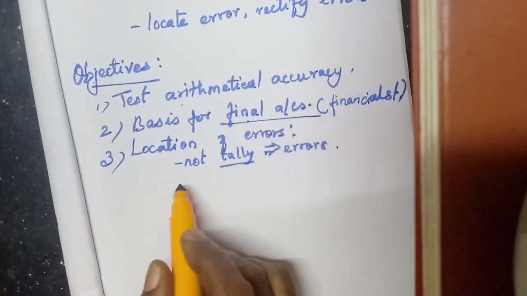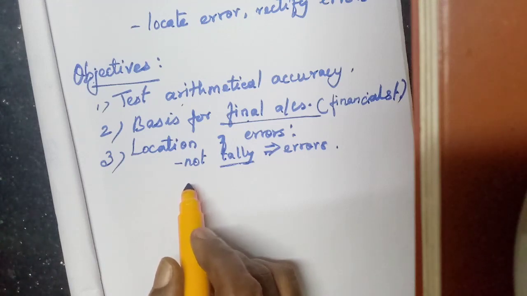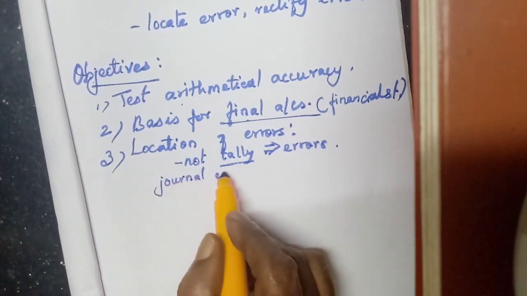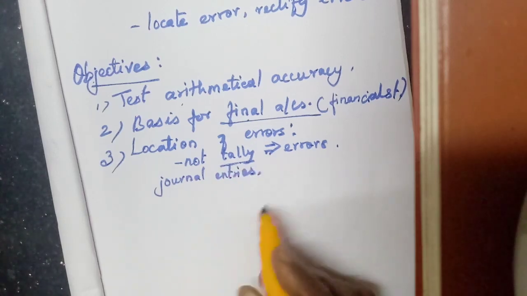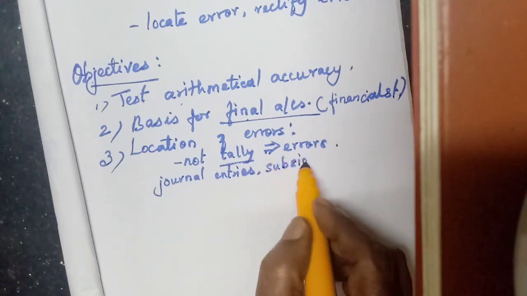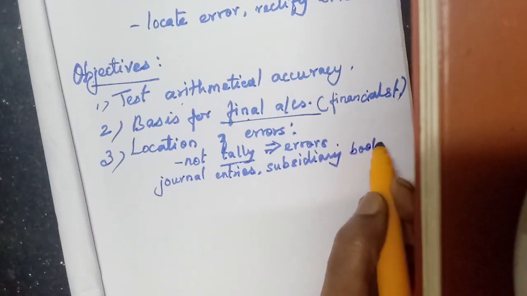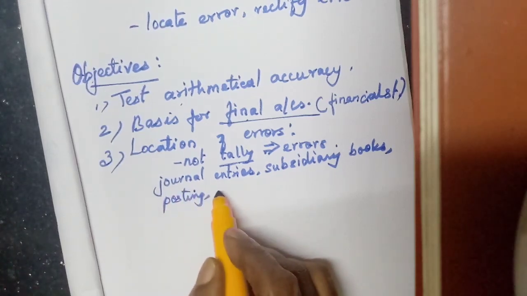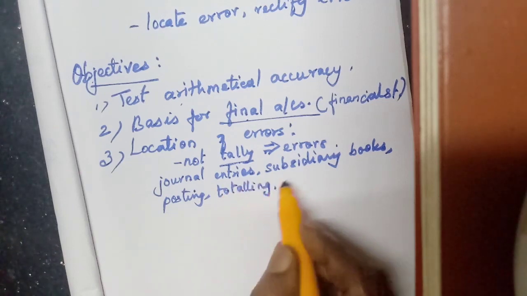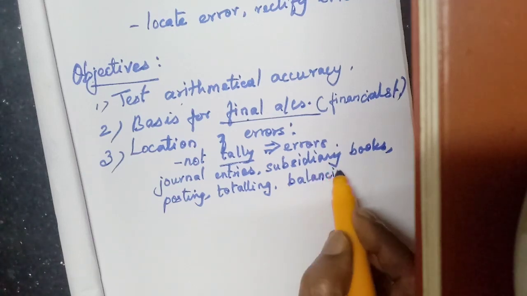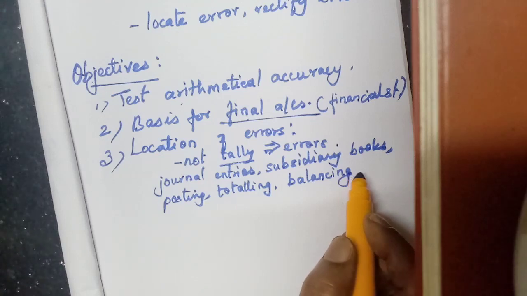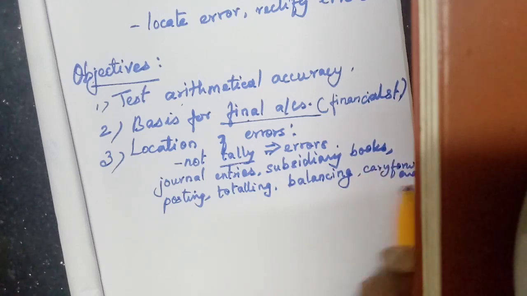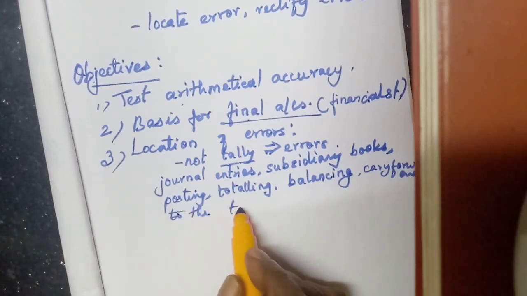Here we know the errors might be made in many areas: at the time of preparation of journal entries, when we write the amount, or maybe in the subsidiary books, or at the time of posting in the ledger account, then totaling or balancing, or when we carry forward the amount of the ledger account to the trial balance.